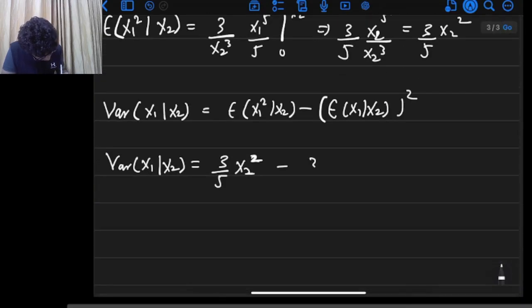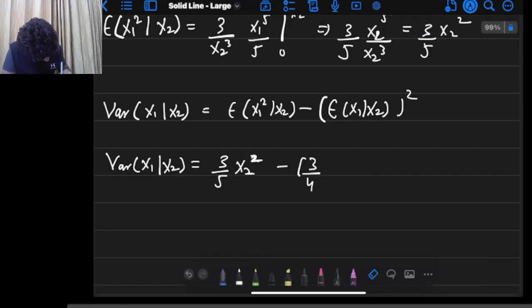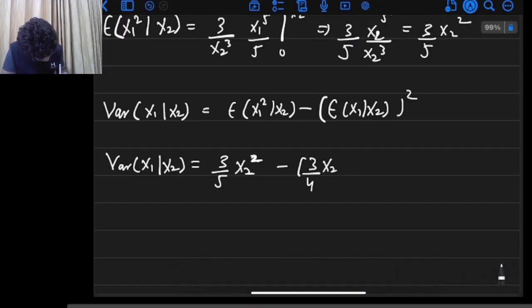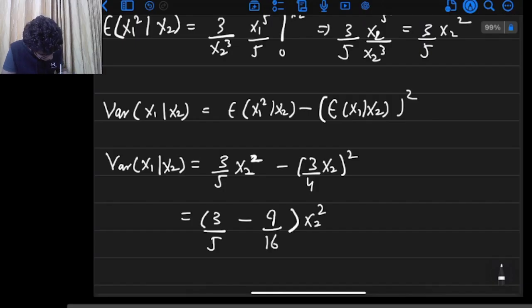This gives me 3 by 5 minus 9 by 16, and if I take x2 square common, 16 into 5 is 80, and 3 into 16 is 48.